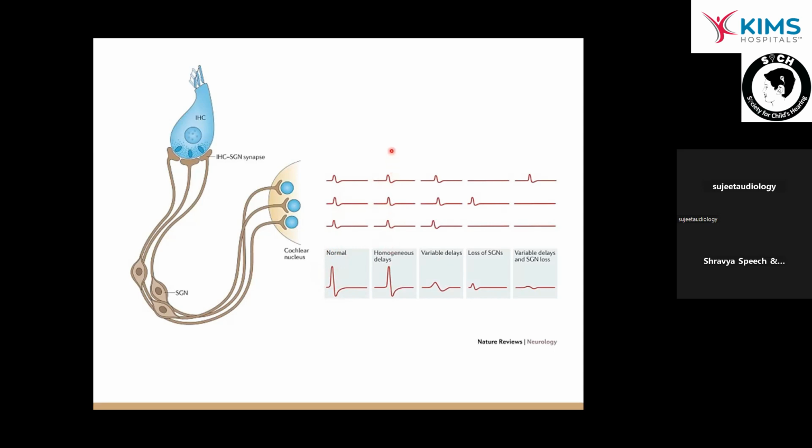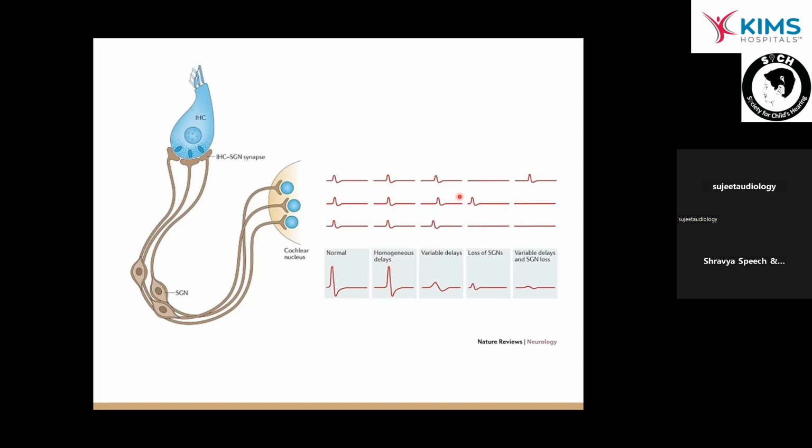Hence, if all the neurons have an equal amount of demyelination, the action potential will be conducted, but with a slight delay. The latency of the compound action potential will be delayed, but the amplitude will remain the same.